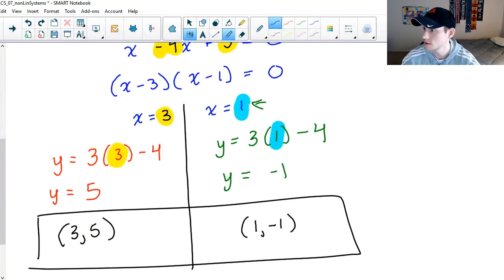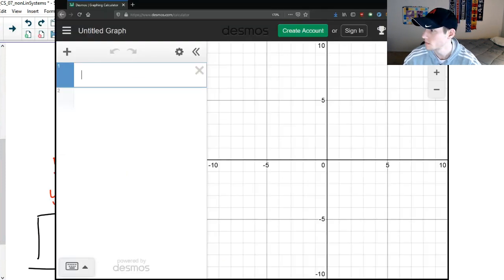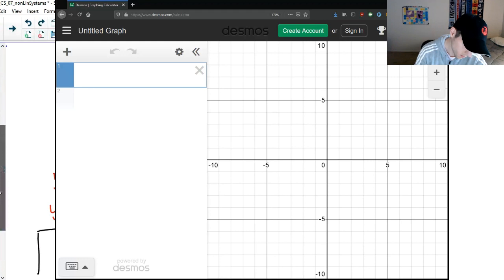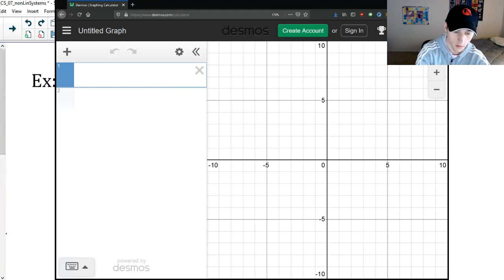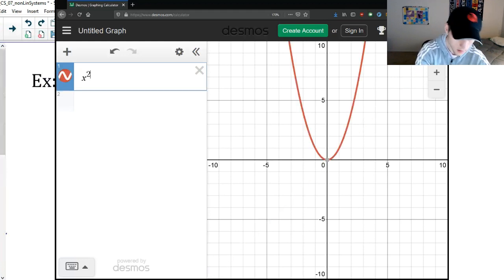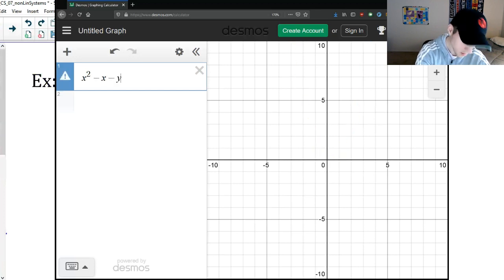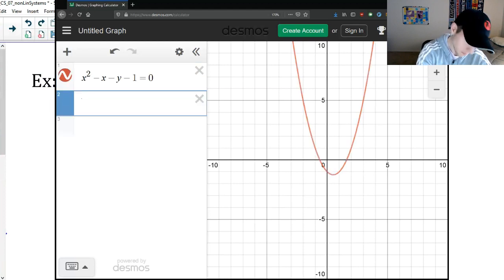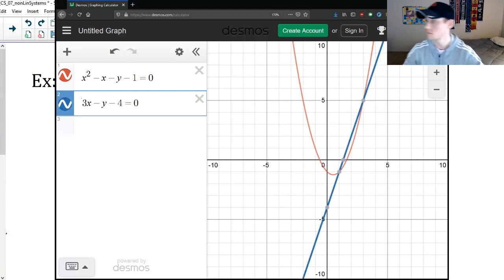Okay, let me pull up Desmos really quick, just to visually show what's going on. My original equations: x squared minus x minus y minus 1 equals 0, and 3x minus y minus 4 equals 0.